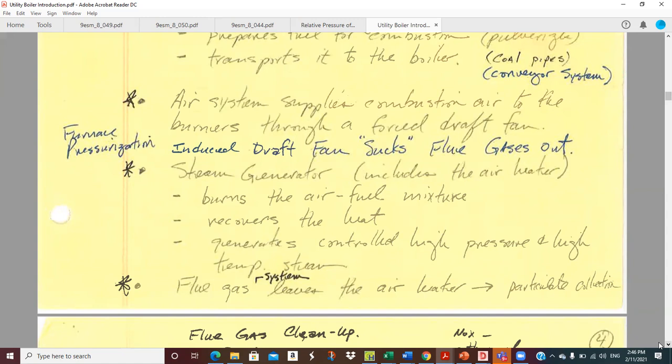If you're slightly negative in pressure and you open the door, some outside air gets sucked in, but at least you're not blowing hot combustion gases out on people that might occasionally open a door. So generally speaking, they're slightly negative. But it's the balance between those fans that sets the pressurization.